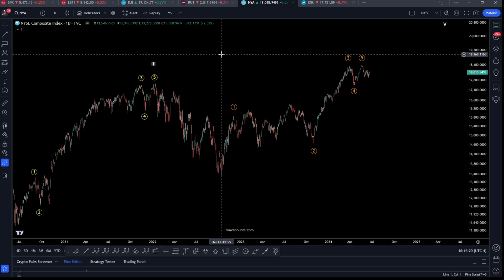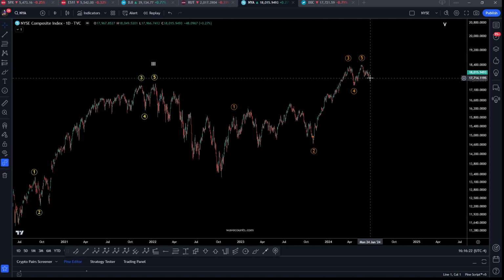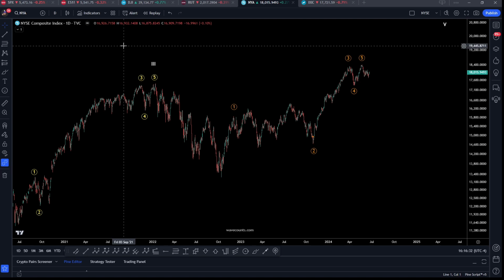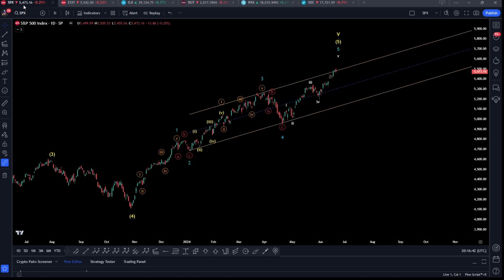Unconfirmed advance from the Russell, the Dow, and the entire New York Stock Exchange. We have to pay attention to that. We cannot ignore it. We can't hope and wish that the rest of the market's just going to catch up to what a handful of stocks has done in the S&P 500. And when I say a handful, I mean a handful.